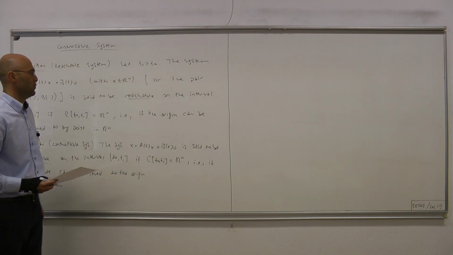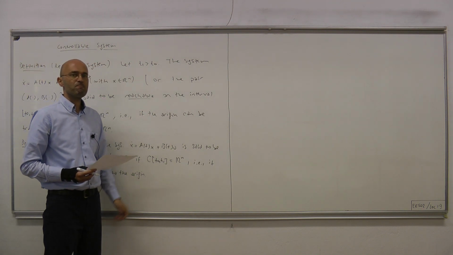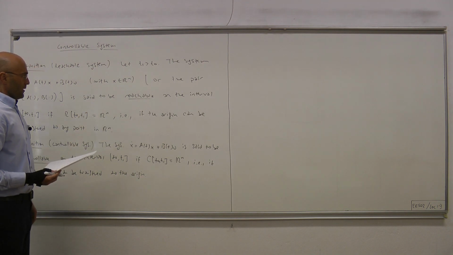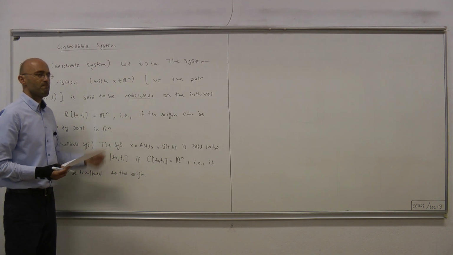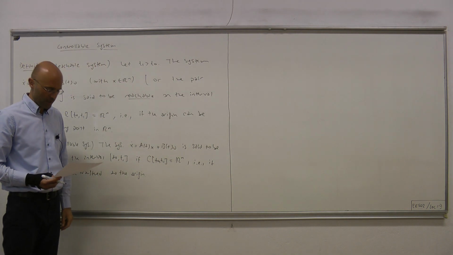Very intuitive definitions. Now we're going to see what those definitions imply for the LTI case, and then how the property controllability, equivalently reachability, which are equivalent for the LTI case, can be checked.